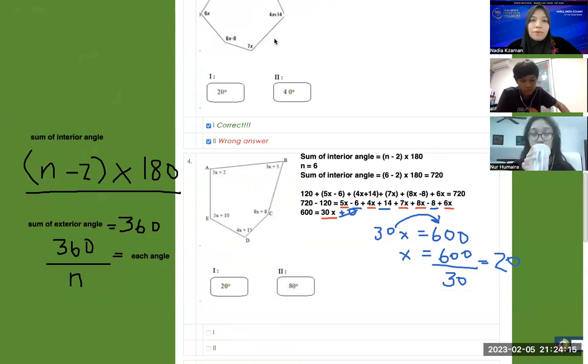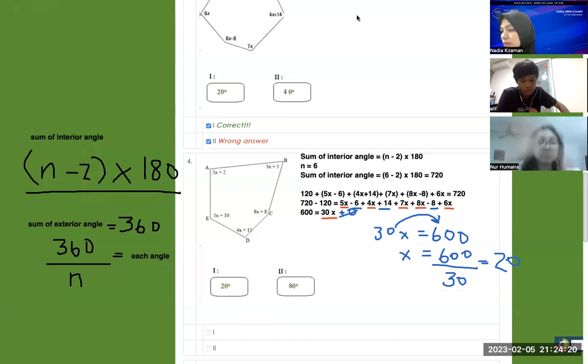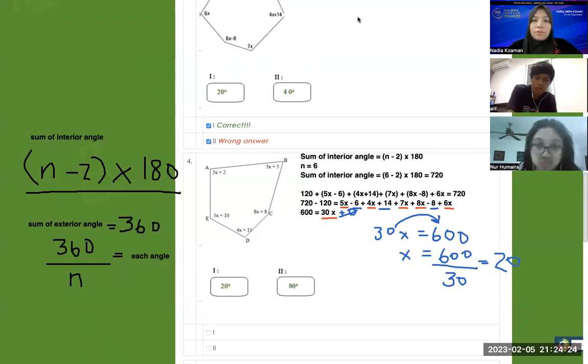Okay, for number 4 now. Number 3 is Alif. So number 4 is Myra. So Myra, here's your remote. I'm going to clear this part. Oh, sorry. Let me control the screen first.